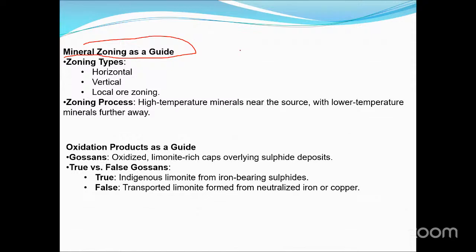So the zoning types are three, and the zoning process we have discussed. And gossan is one of the oxidation products of the mineral guide. The gossan is an oxidized, limonite-rich cap overlying sulfide deposits.